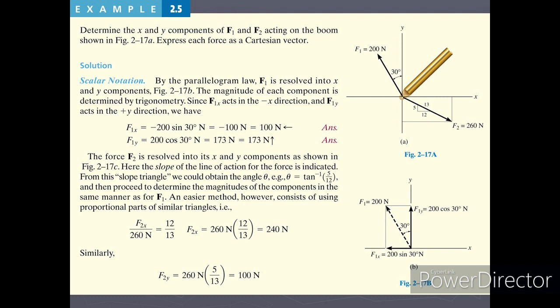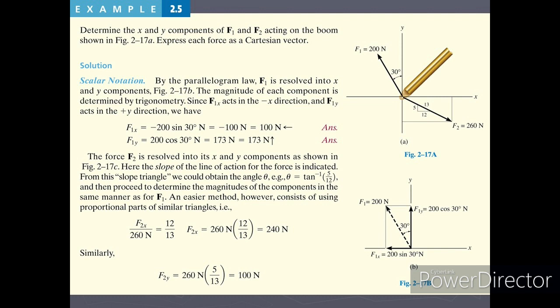The angle of inclination is to the vertical, so it's going to be cos theta, and the horizontal component will be sine theta, right? And then the vector will be expressed in vector form as F1 equals 200 cos theta j minus 200 sine theta i. Minus because this will be towards the negative x direction. Are you following?